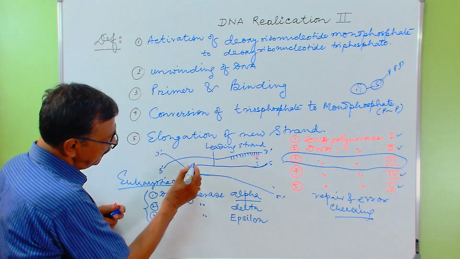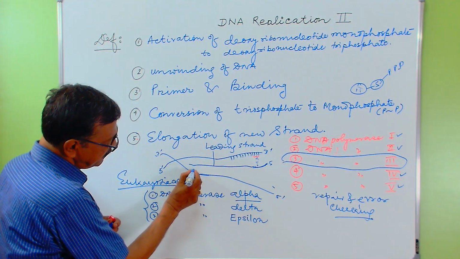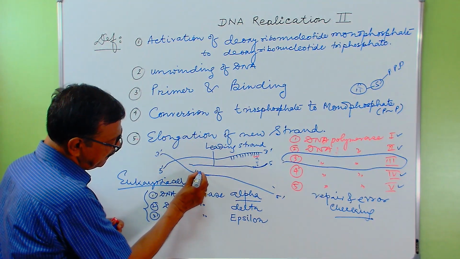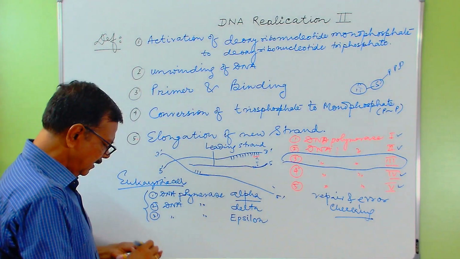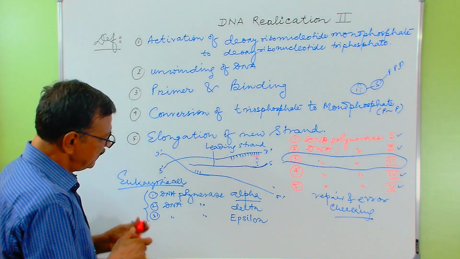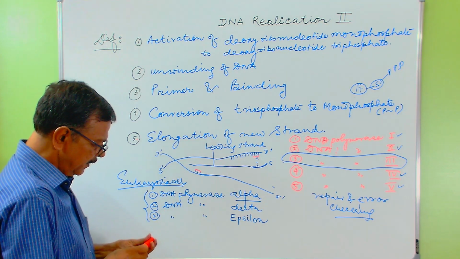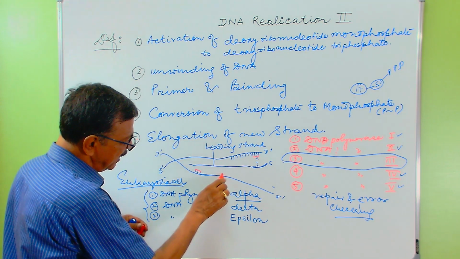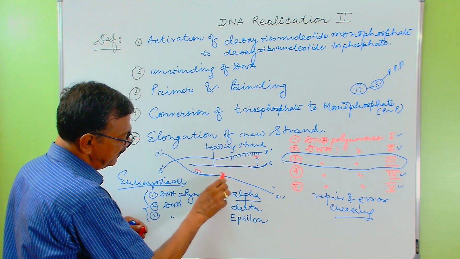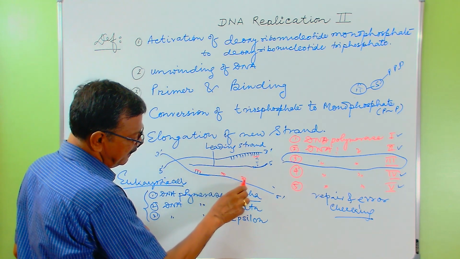So here the RNA primer comes, indicating that it should start from here itself. So an RNA primer sits here, here, and here.